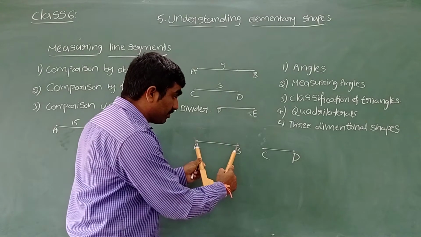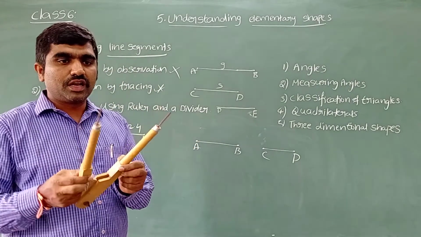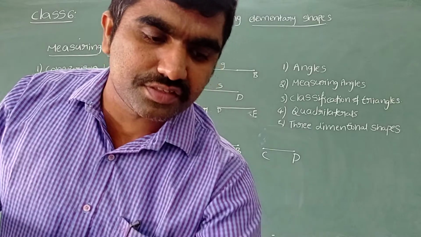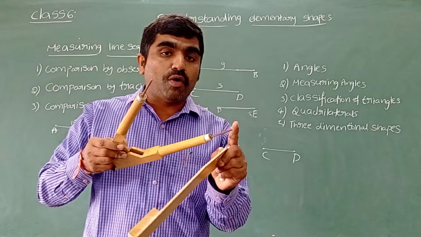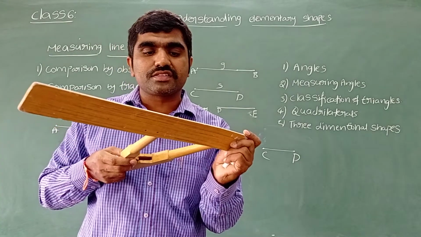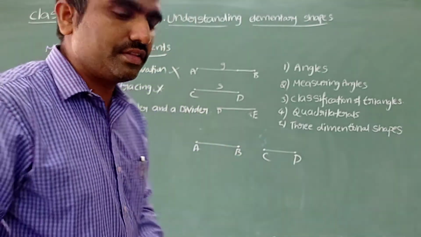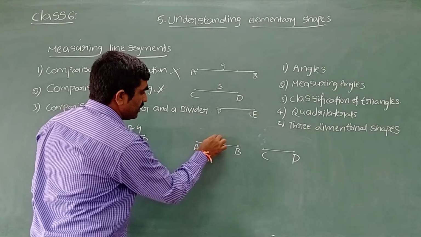You can lift this divider without changing the radius. Now keep it on the scale, with one pointer at 0 and mark the position of the other pointer. Yes, here I can see 17 centimeters.